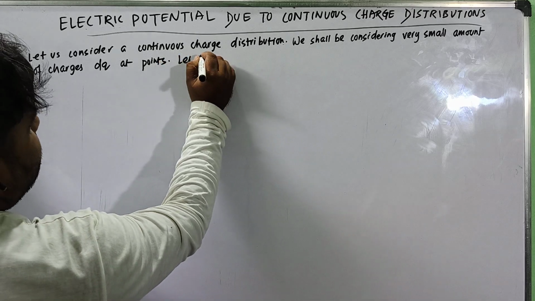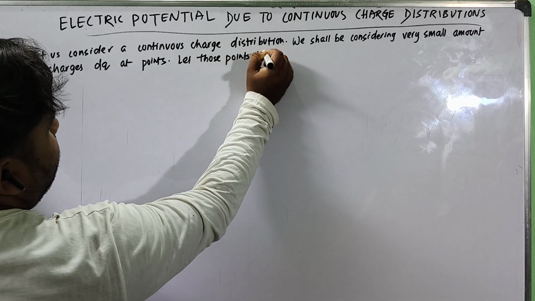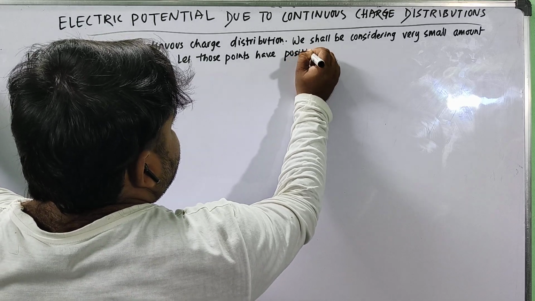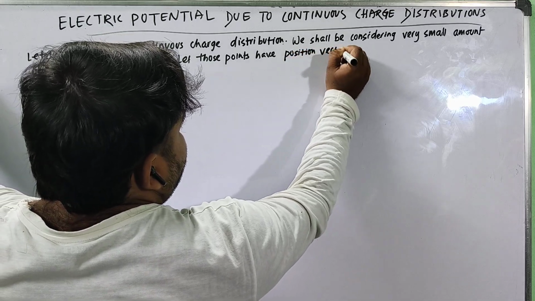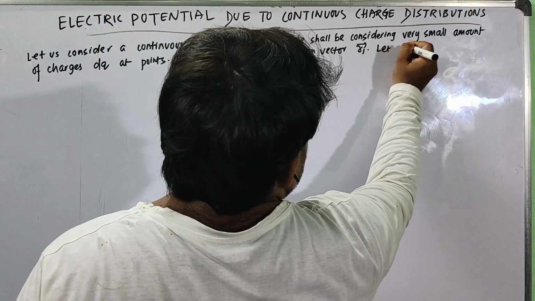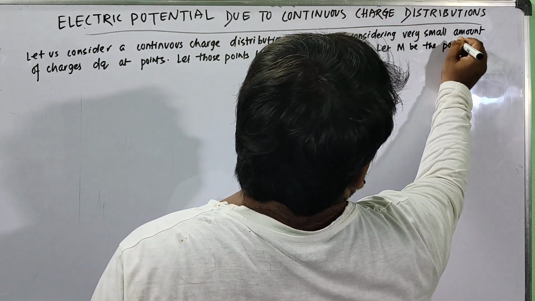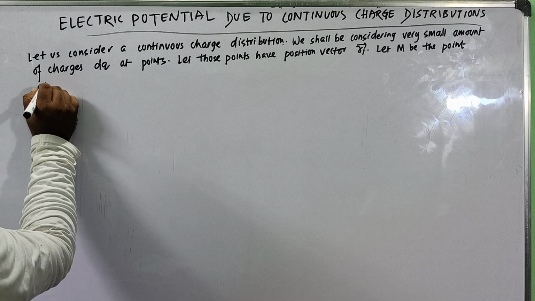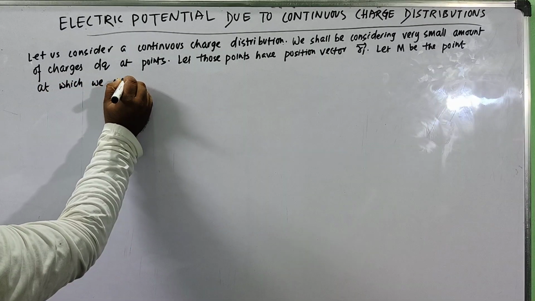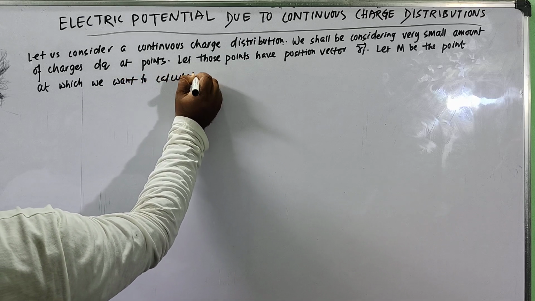Let those points have position vector Ri. Let M be the point at which we want to calculate the potential.